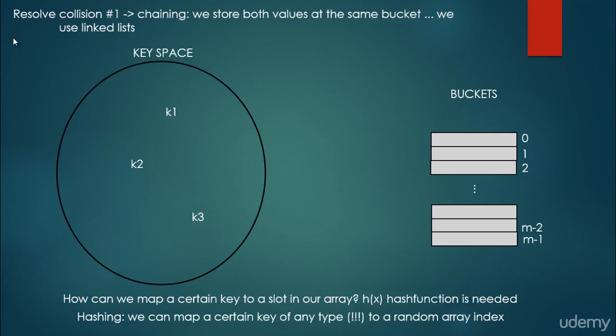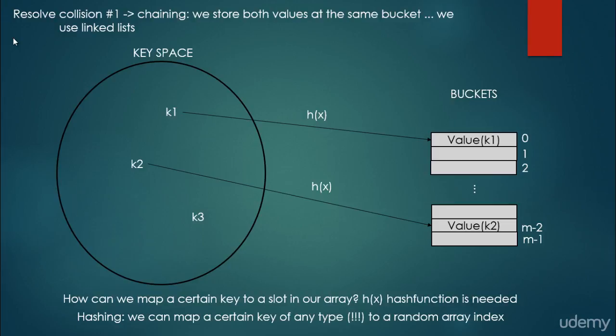For example, our hash function is going to map the key k1 to the index 0, and we insert the value of the key k1 here. Then for the key k2, with the help of the hash function, we come to the conclusion that we should insert it at the index m-2, and we insert the value of k2.